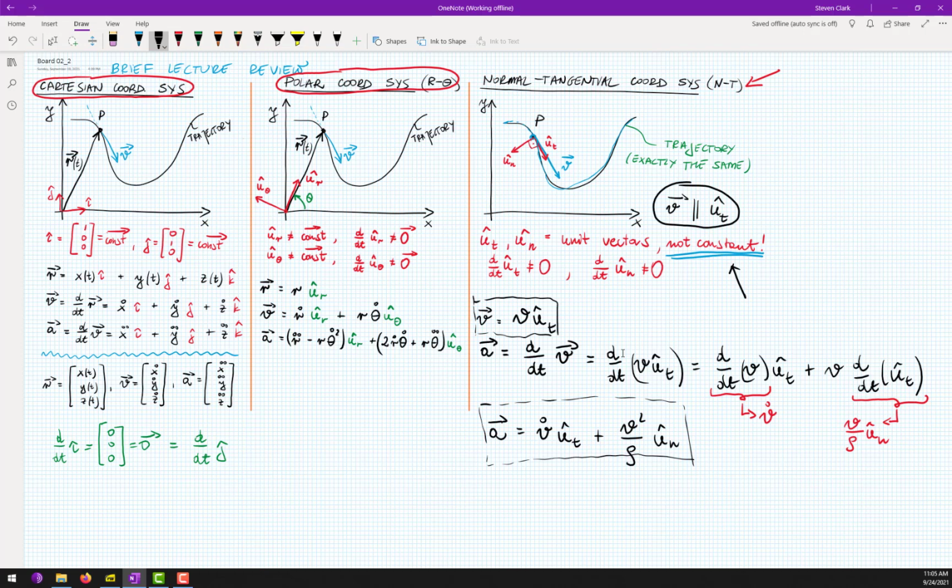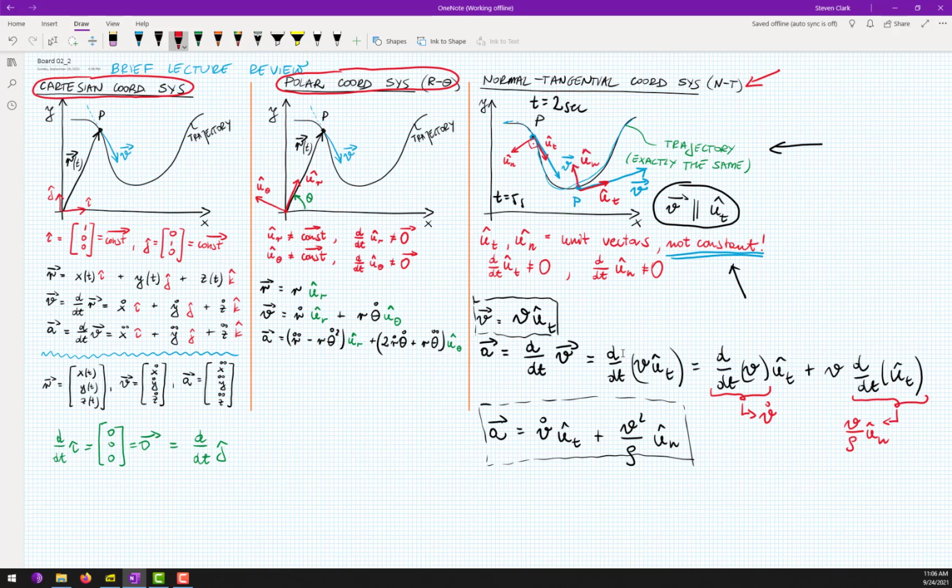Let's say that this picture is the situation at time instant 2 seconds. At time instant 5 seconds, our point P will be here, and this will be the velocity of that point. Velocity is always tangent to the trajectory. So let us draw U_T and U_N. U_N always points inside the curvature.